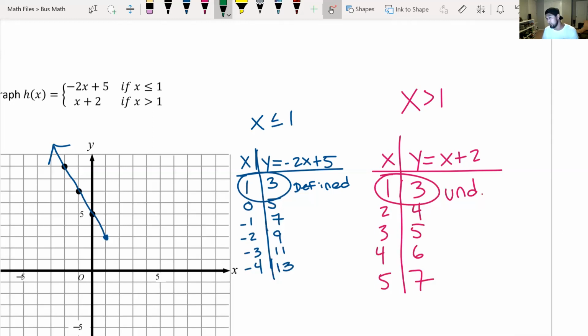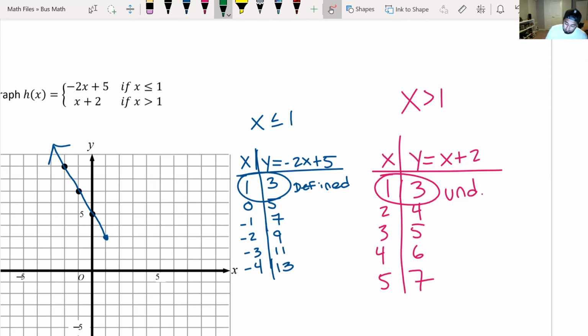To keep it even simpler, defined overrules undefined. So when we graph it, 1, 3 will still be a closed circle. And this only happens if the same point happens to be undefined and defined at the same time. So if it's that case, then 1, 3 will be defined no matter what.